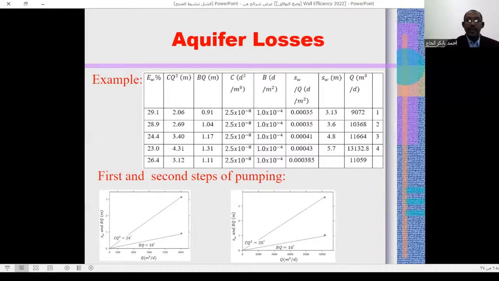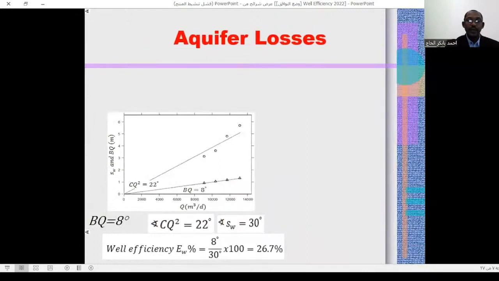After that, calculate the well efficiency for all steps or the 4 steps drawdown test. BQ equals 8 degrees, and the well losses equal 22 angle. The total drawdown equals 30 angle, 22 plus 8.